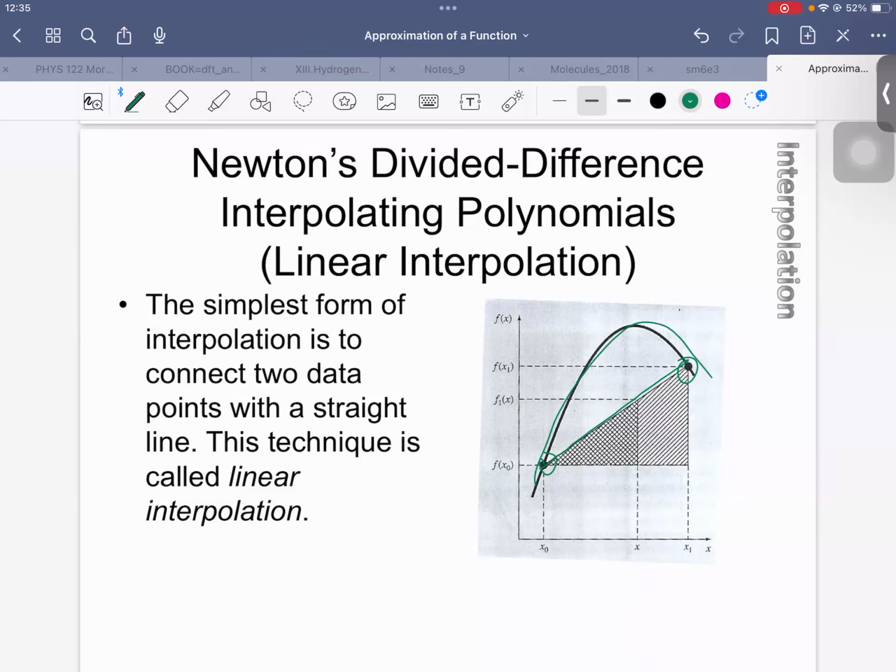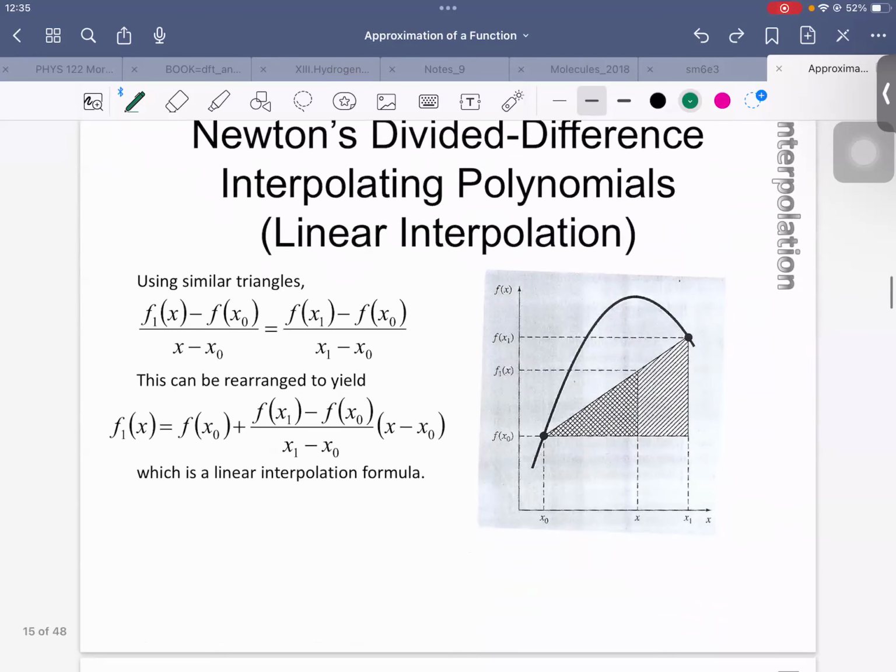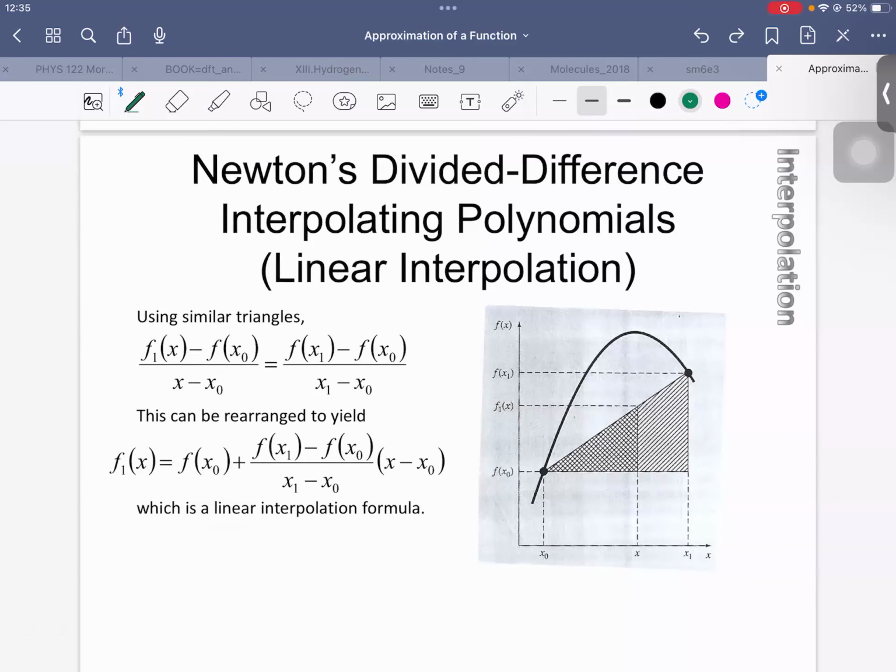So, okay. Now, how does it work? So this is just related to derivative and slope of a line. So for example, you have these given points x0 and x1, okay? So you can actually get the slope. So you have f of x1 minus f of x0 divided by x1 minus x0.